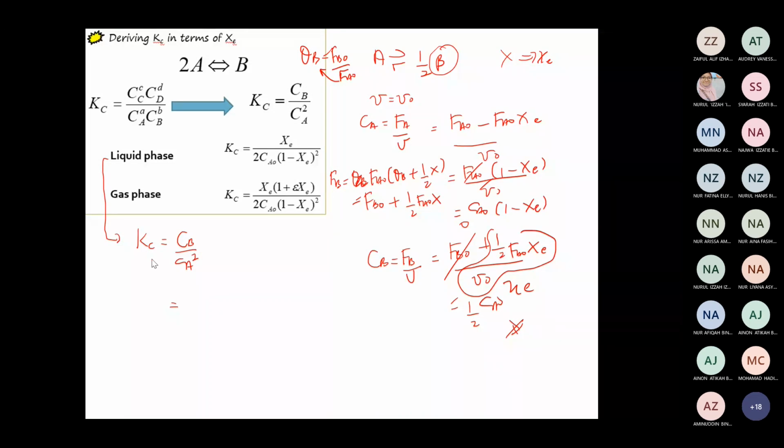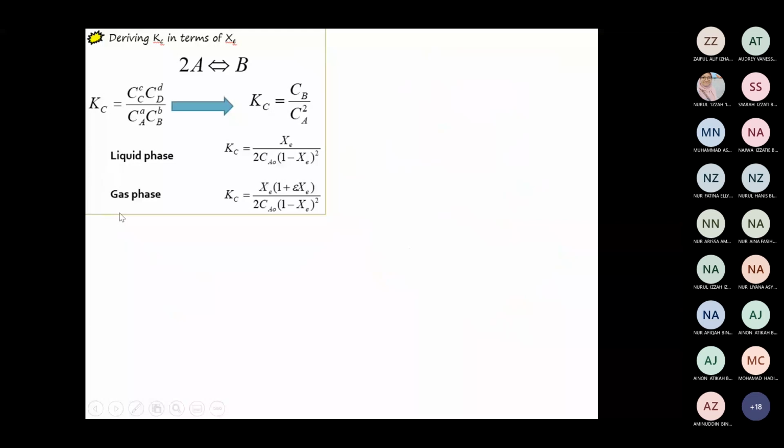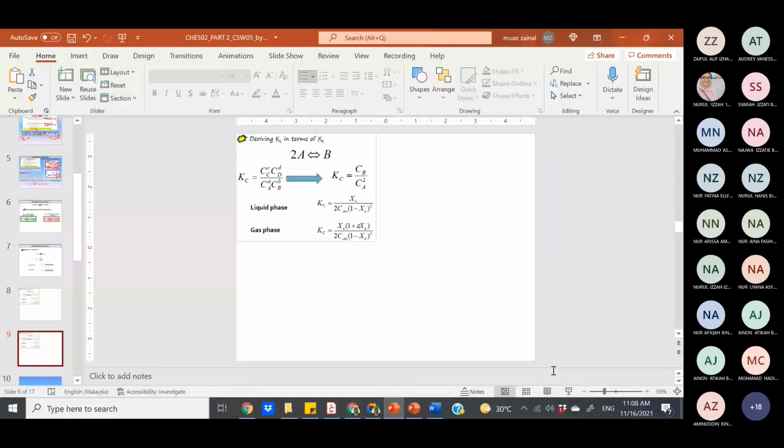Kejap tunggu jap. Anak saya ni ya Allah, tunggu jap. Mana tadi?